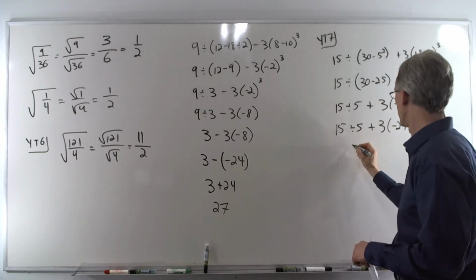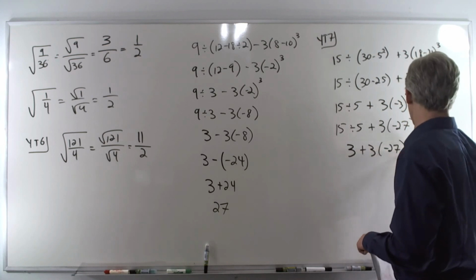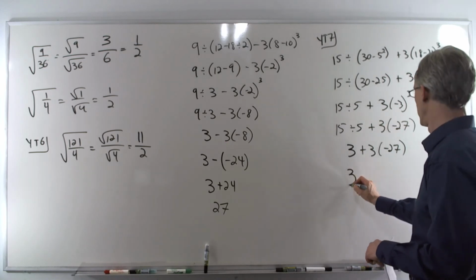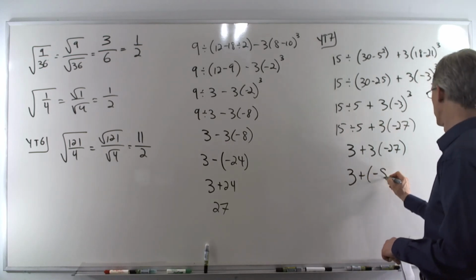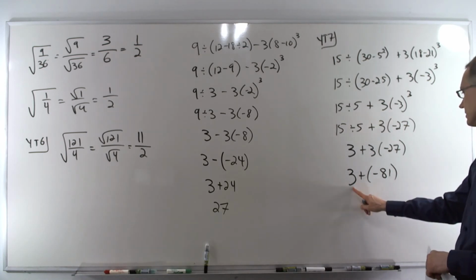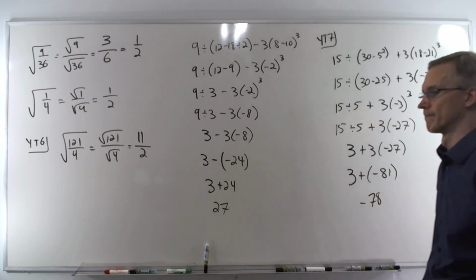Multiplication, division left to right, so I'm going to start here. 3 plus 3 times negative 27. All right, now we got 3 plus negative 81. Add these together. This is the same as 3 minus 81. That gives us negative 78.